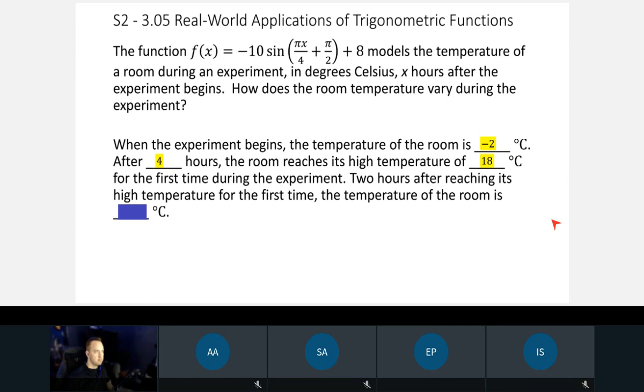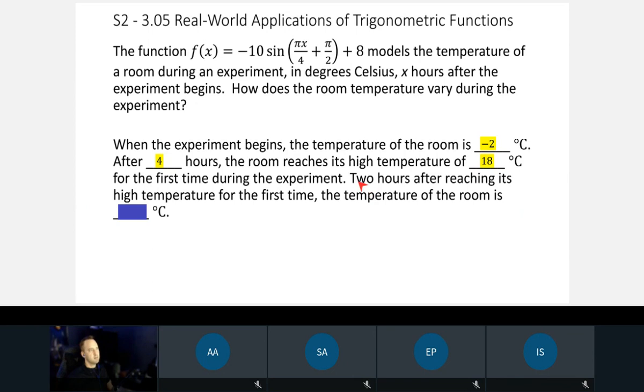Oh, you have to read it. No, let me fail in peace, please. No, fine. Antonio, you read it for me. 2 hours after reaching its high temperature for the first time, the temperature in the room is blank Celsius.